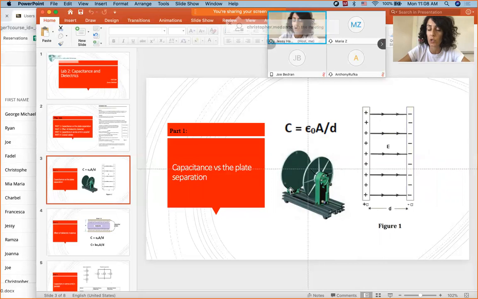The regular ruler, the smallest subdivision is 1 millimeter. You don't know where the center is. If you want, you can measure the diameter 4 times and find the average. It's up to you. But think of these while you do the area. So the area is known or estimated with your measuring tool. Epsilon 0, do you know the value of epsilon 0?